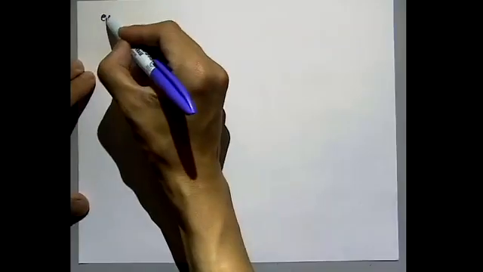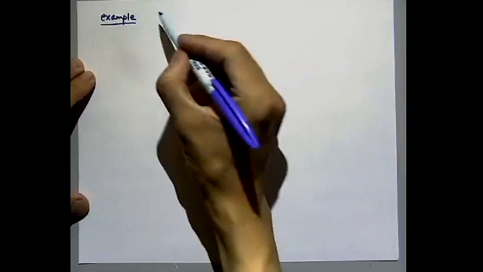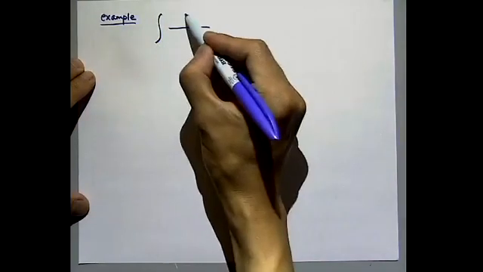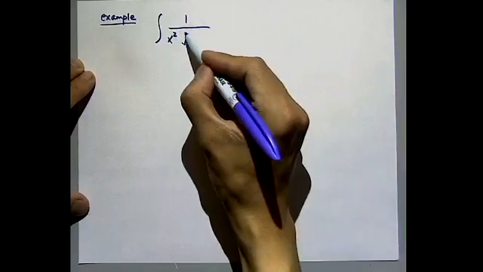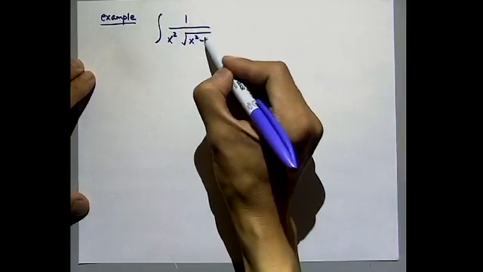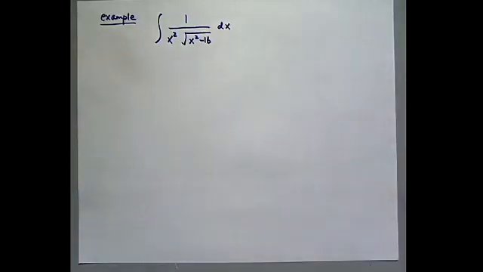All right, let's do one more. One over x squared times radical x squared minus 16.